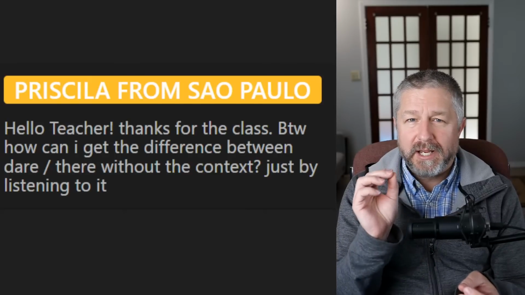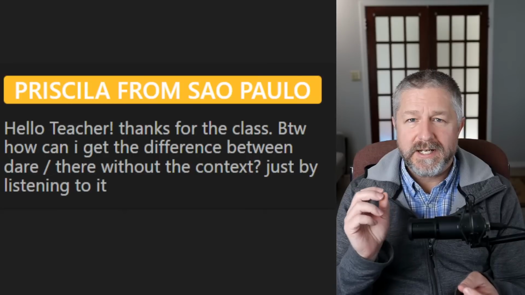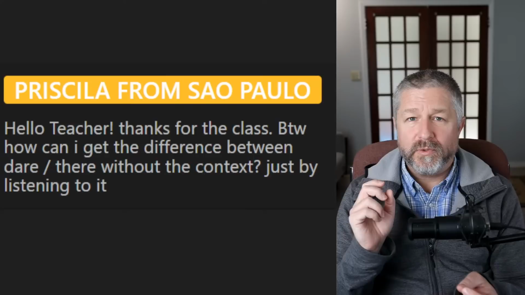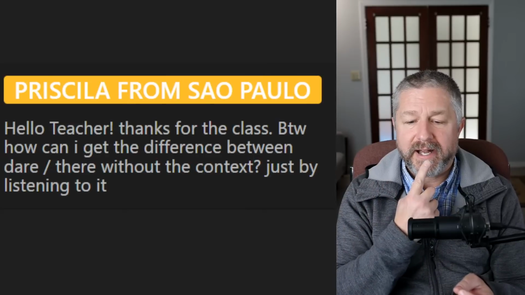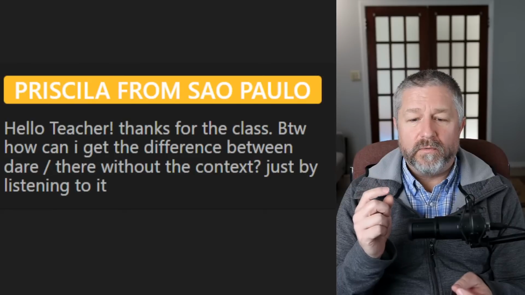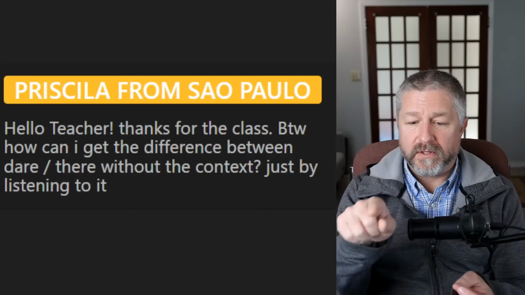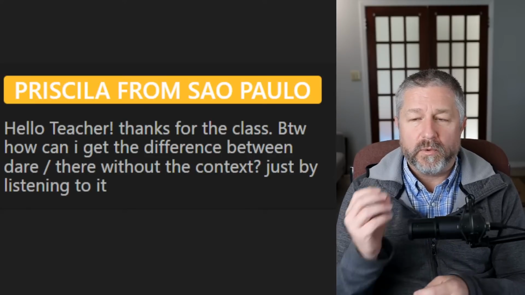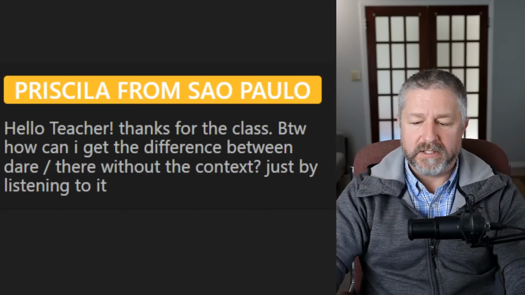I am saying each word differently. Do you dare? My tongue is on the roof of my mouth. Okay. Do you dare? It's inside, up. Do you dare to go over there? You will see my tongue a little bit when I say there, the location. So dare and there. So overpronounce those two, Priscilla, until you get it.